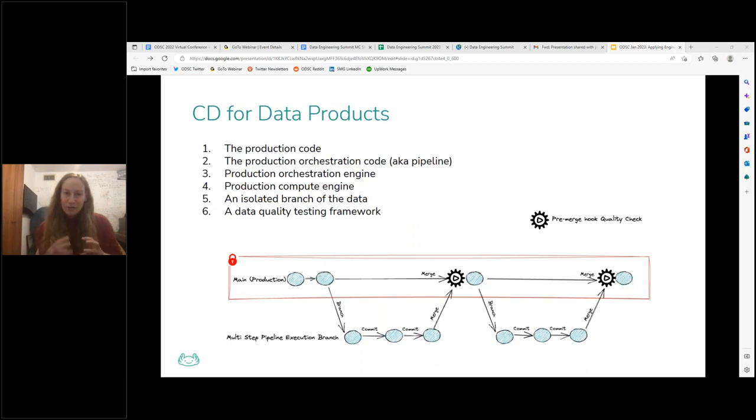So the only thing that changes in this system is that we have new data that we need to analyze. That could be because we are running our data product to calculate things every hour or every 5 minutes or every day.